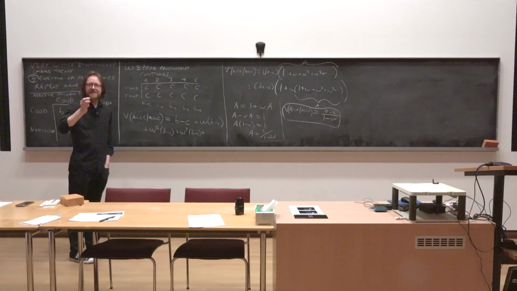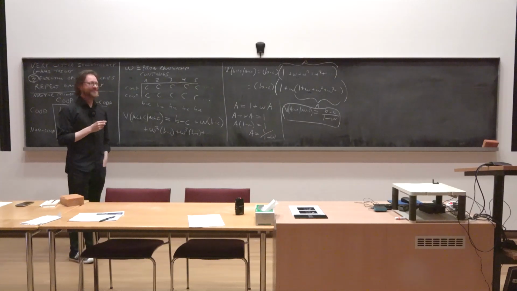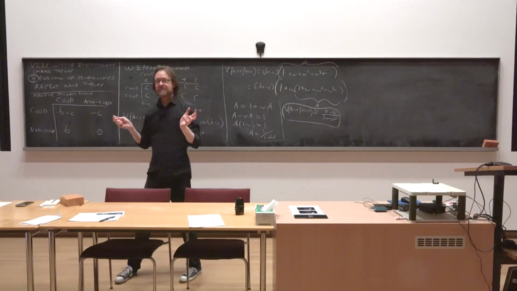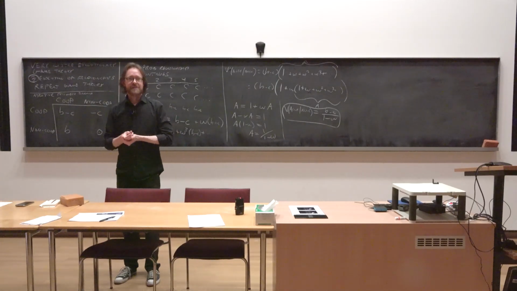Yeah, because it's B minus C times A, right? Because this is all A up here. Isn't that fun? You have closed an infinite geometric series. Does it feel good? Yeah.